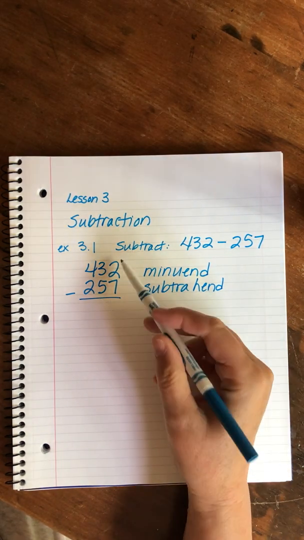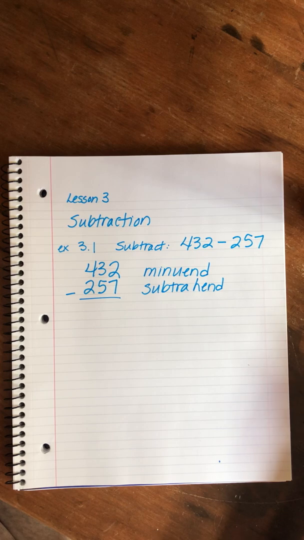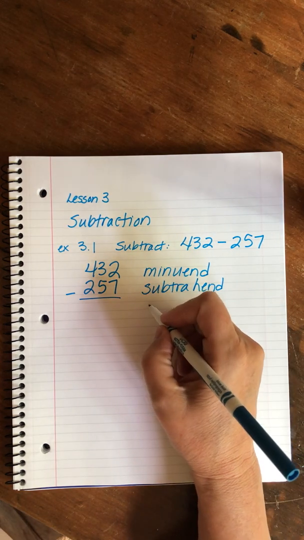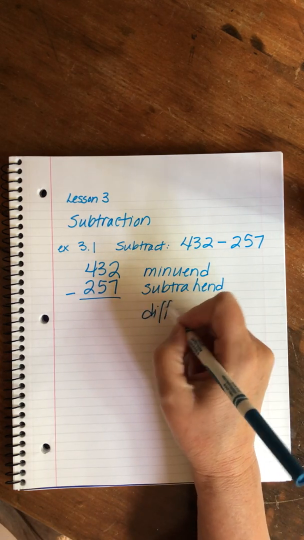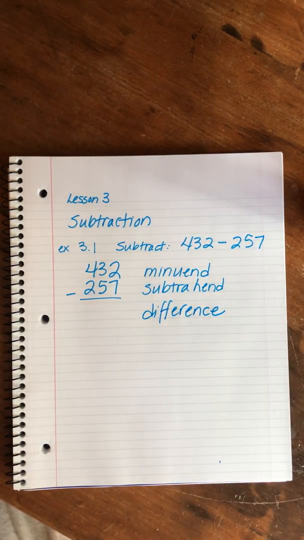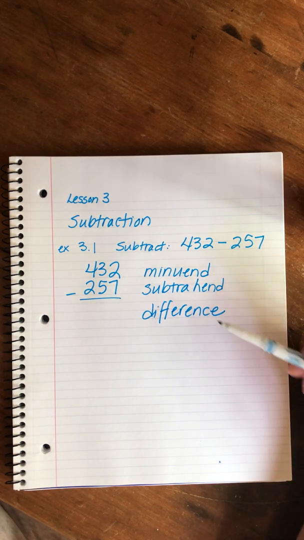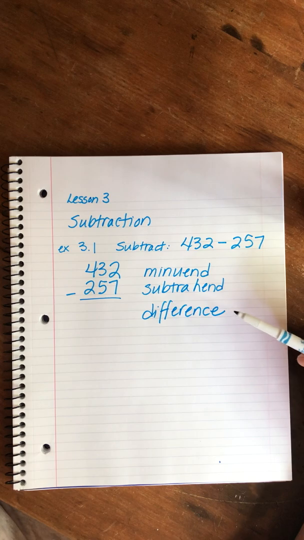That's the smaller piece that you're subtracting. The word for the answer is a much more useful word, and you'll see it pop up again and again. The difference. Oh, that's so much easier to remember, isn't it? It's actually a word and not some made up weird thing. The difference is the answer of a subtraction problem. That is super useful to know.